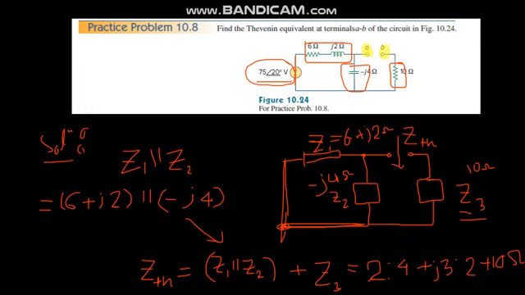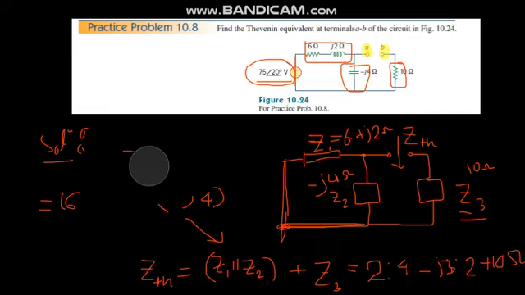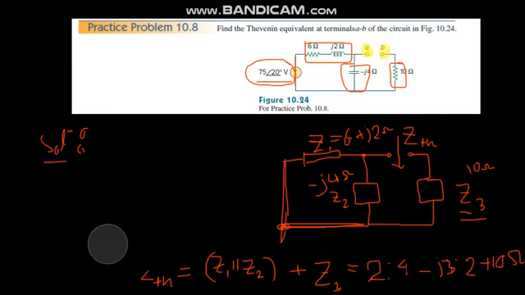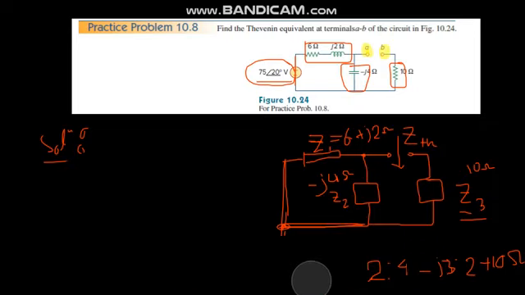Sorry, there is a simple mistake, that will be minus j3.2. So the total impedance will be 12.4 minus j3.2.